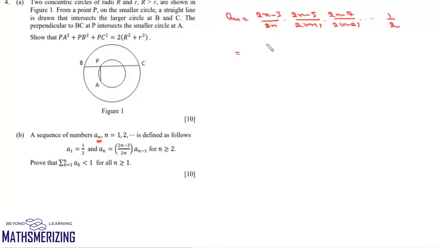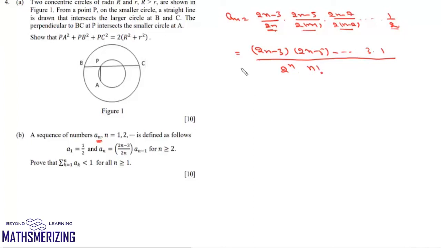Now what we'll do is multiply numerator and denominator with 2n, 2n minus 1, 2n minus 2 and so on. So we'll get 2n minus 3, 2n minus 5, and then 3, 1. And in the denominator will be 2 into 2 into 2, n times, so there will be 2 to the power n, and then n, n minus 1, n minus 2 up to 1, which is factorial n.